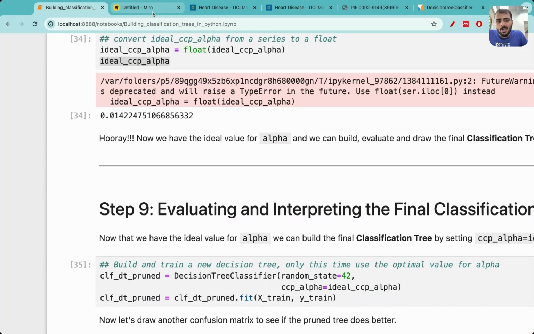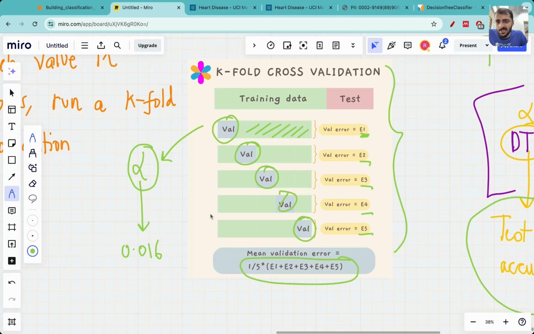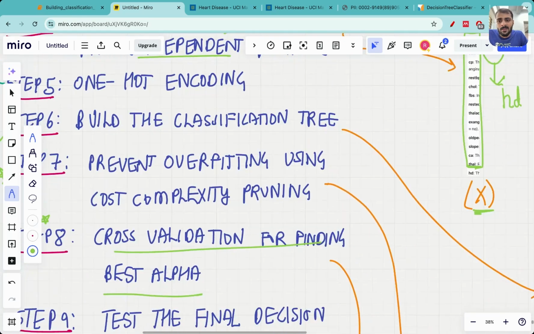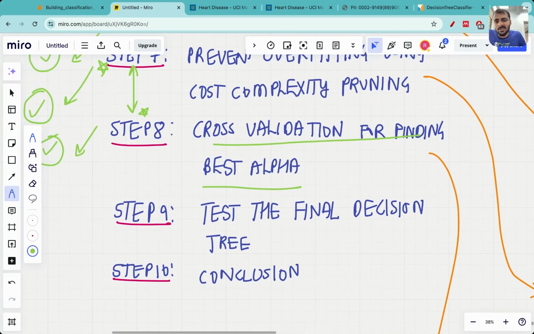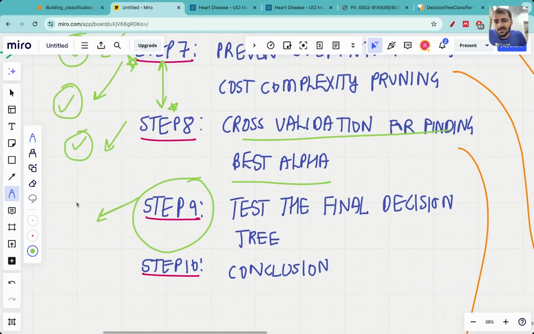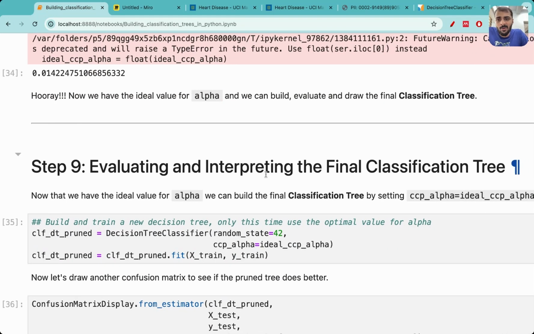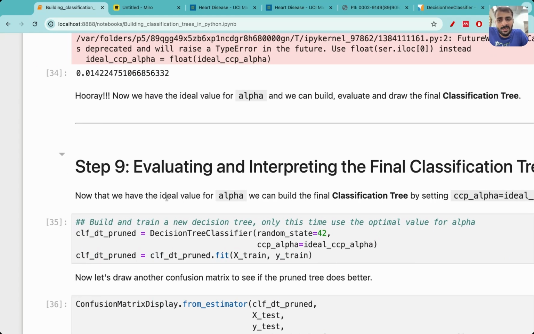Great. And now our best alpha has been chosen, right? So we can go to step number 9, which is testing the final decision tree using this best alpha. Now this is the very important step which we are going to be doing. So let's come to step number 9, which is evaluating and interpreting the final decision tree.